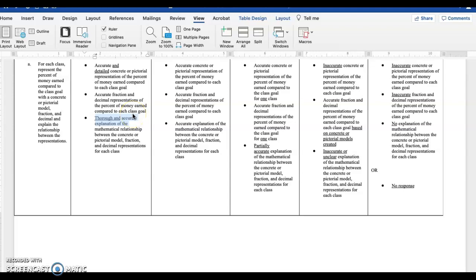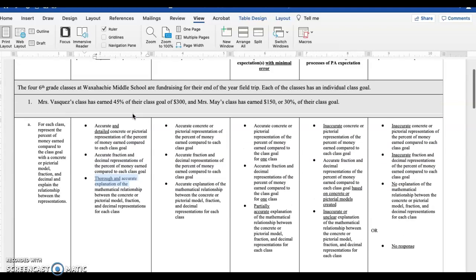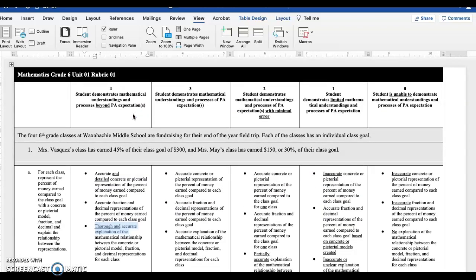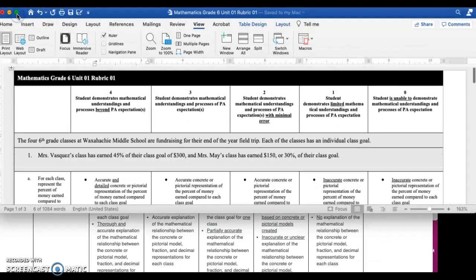What would a thorough and accurate answer look like? So I would give the kids all parts of the question, I would give them the rubric, and then we would have these discussions so when we go through the unit, the kids have an end in sight. The end goal is there. They know what they're going to have to be able to do when they are finally tested on this concept.